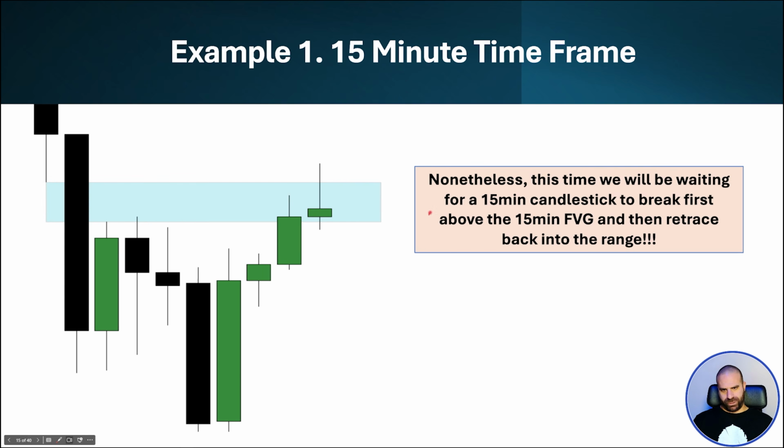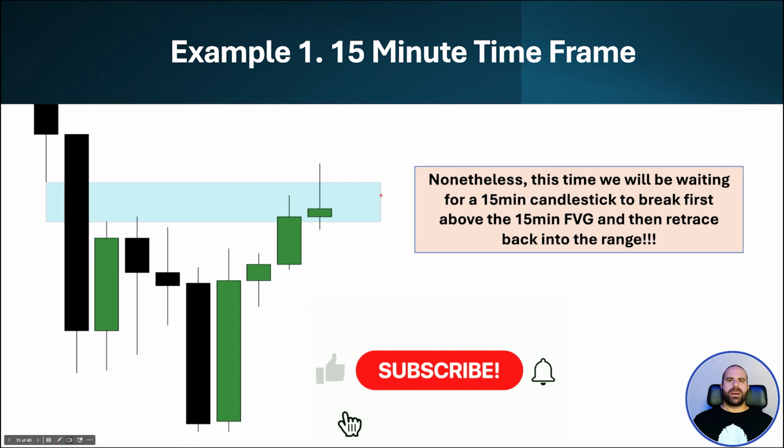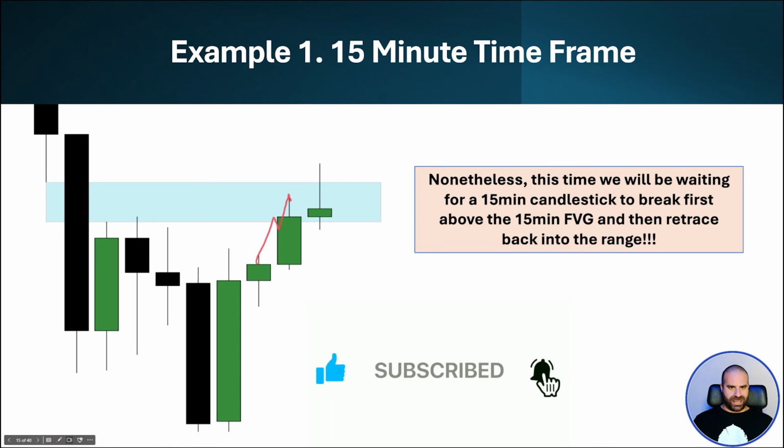Let's move forward. Now, instead of waiting for price to just get in the area and give the reaction, because here if you would scale down on a lower time frame, such as the 1 minute time frame, you would be finding some change of character you would have lost.